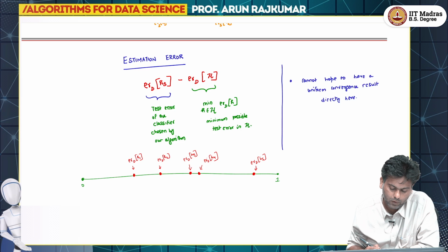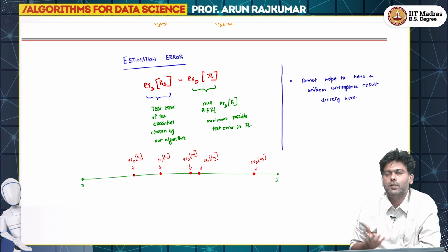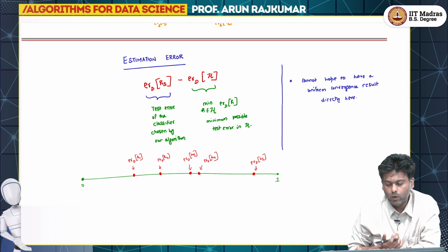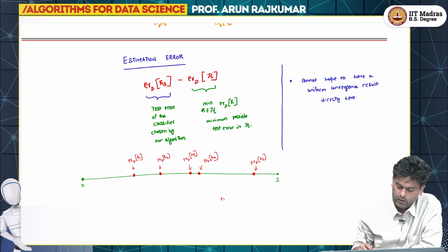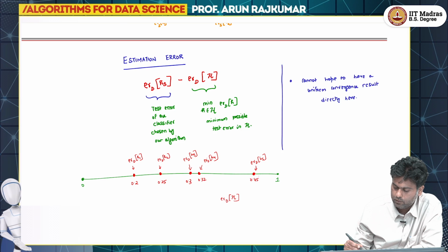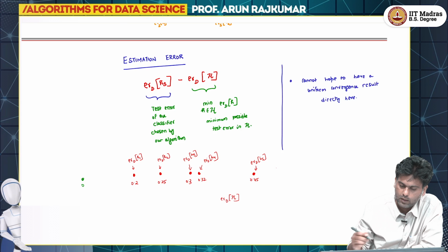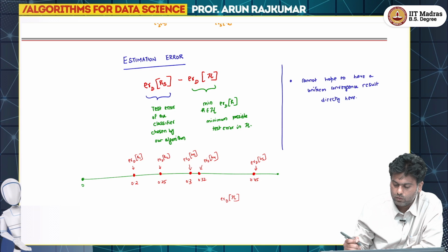Now, let us say there are only 5 classifiers in my bag for the moment, right. So, now what is RD of capital H, right. So, in other words, what is RD of script H? Let us give this numbers. Let us say this is 0.2, this is 0.25, this is 0.3, 0.32, maybe 0.45, right. So, this is not drawn to scale.